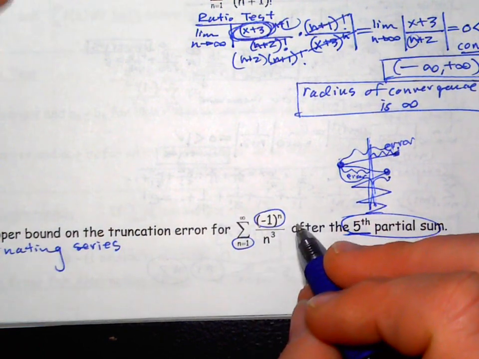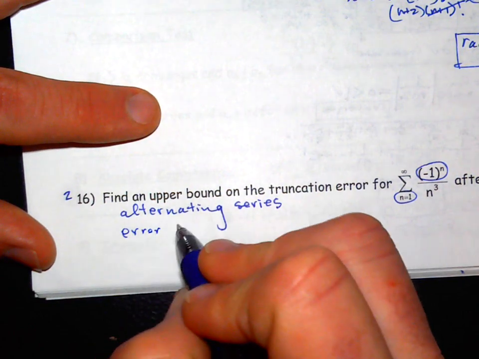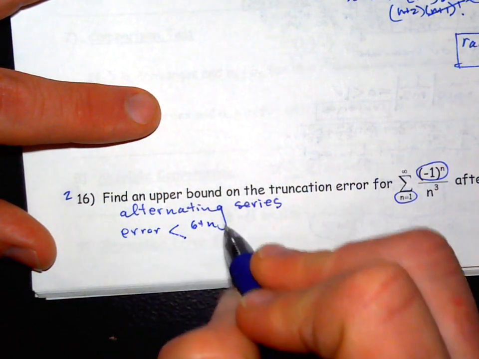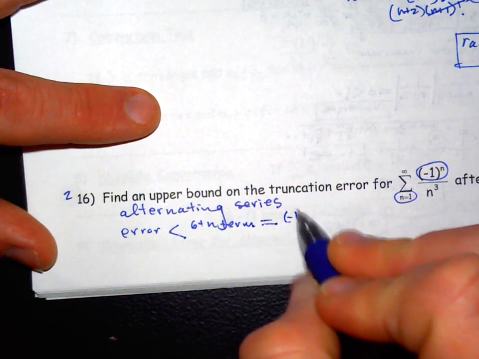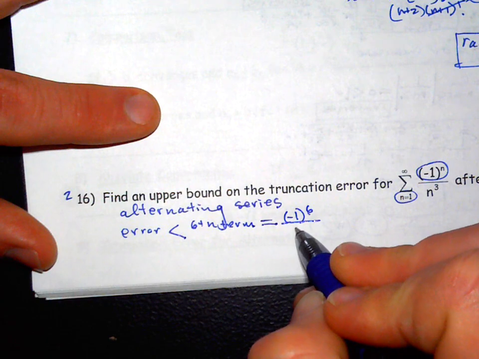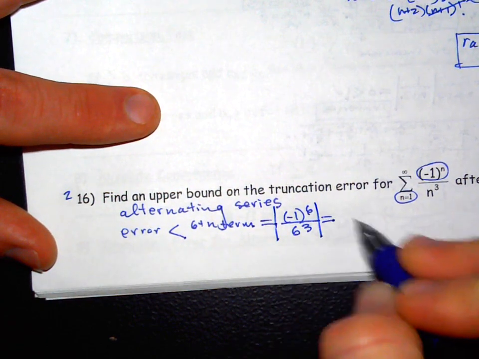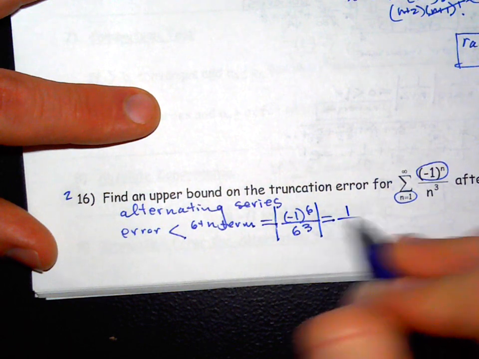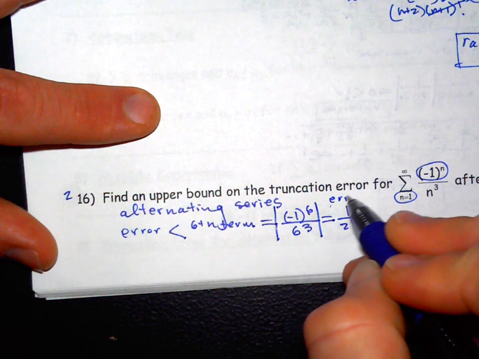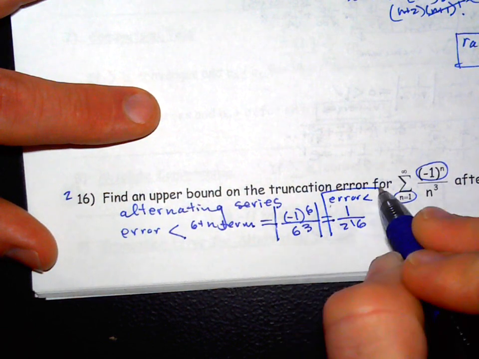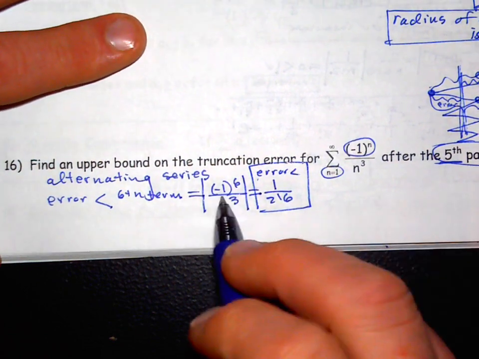So we could just jump straight to the error is going to be less than the 6th term, which equals -1 to the 6th power over 6 cubed. And we're going to take the absolute value of it, and it's going to be 1 over 216. So that's not the error, but our error is less than that. It's an error bound.